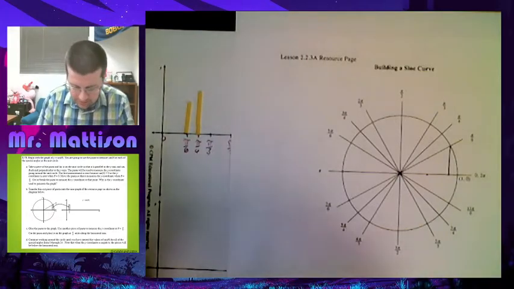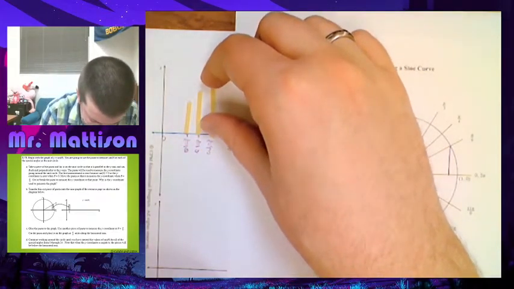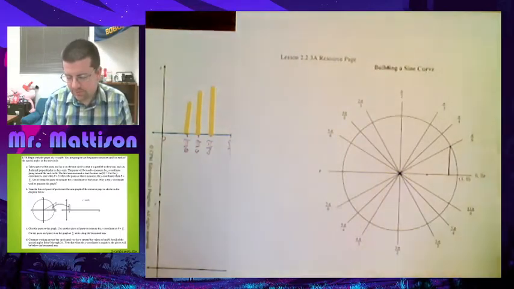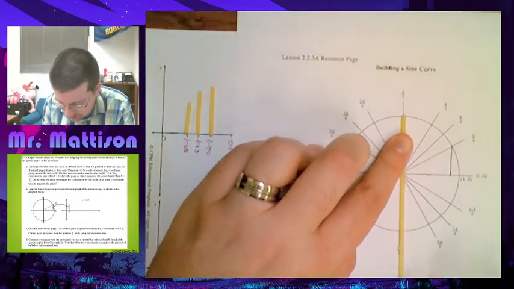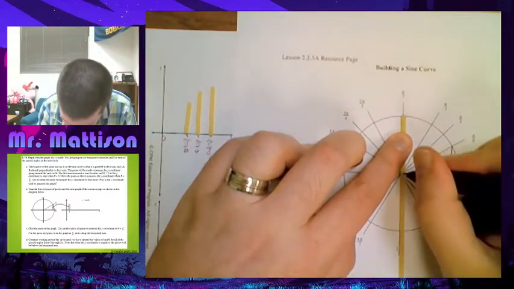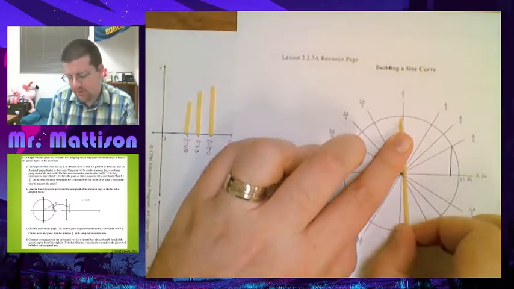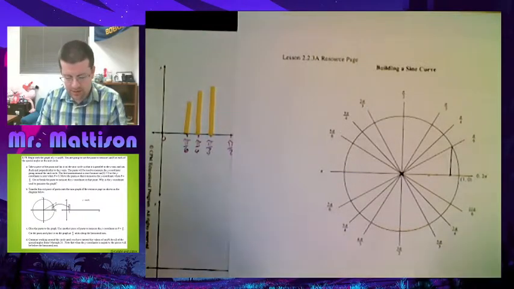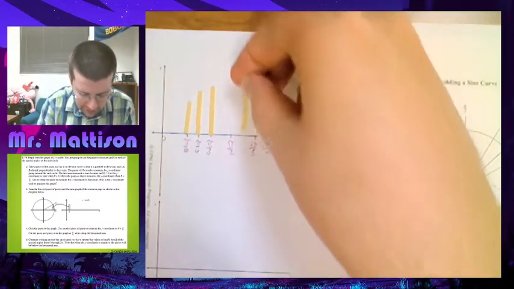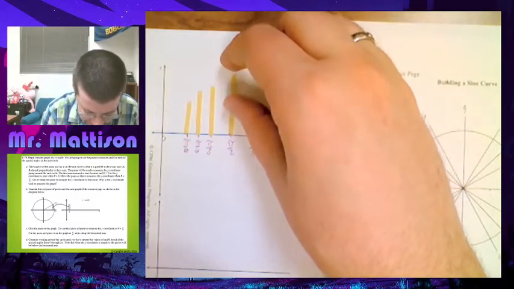And then there's pi over 3. And then I need one for pi over 2, which is going to be right there. Go ahead and break it at that point. And then there's my pi over 2.